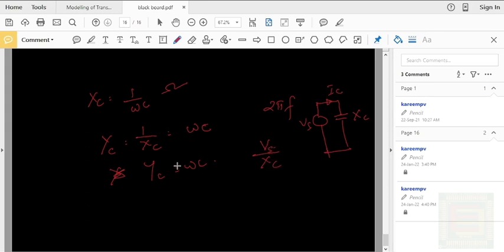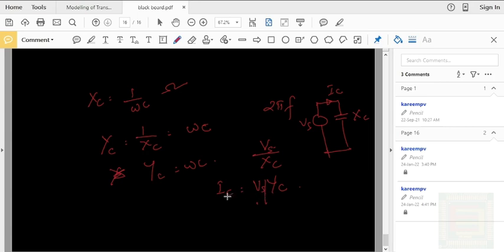But instead of representing the capacitance in terms of its reactance, it can be represented in terms of its admittance. In that case, the current Ic will be given by Vs into 1 by Xc, which is Yc. So it can be represented as a product of the voltage and the admittance, and it will be easy to calculate the current.